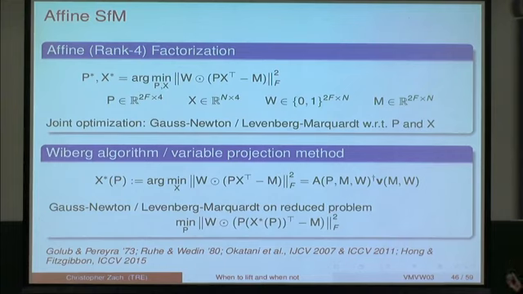Essentially what you do is optimize over the 3D points, in this case in closed form, plug the resulting expression into your original cost function, and then apply your favorite nonlinear least squares solver on this reduced problem. So instead of lifting, you do exactly the opposite.